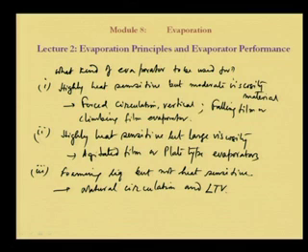The third part is for foaming liquid, but not heat sensitive. Naturally the choice would be natural circulation and long tube vertical. For foaming liquid, you should use long tube vertical. So, this is some idea about the different types of evaporators that should be used.